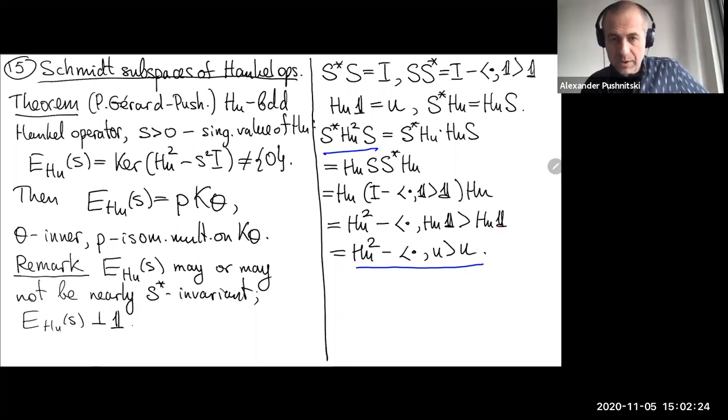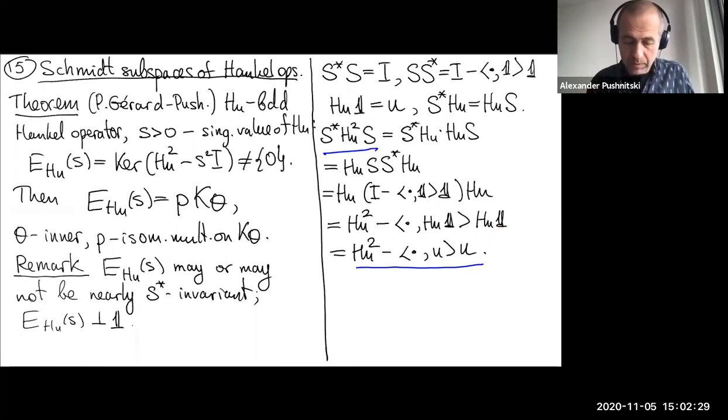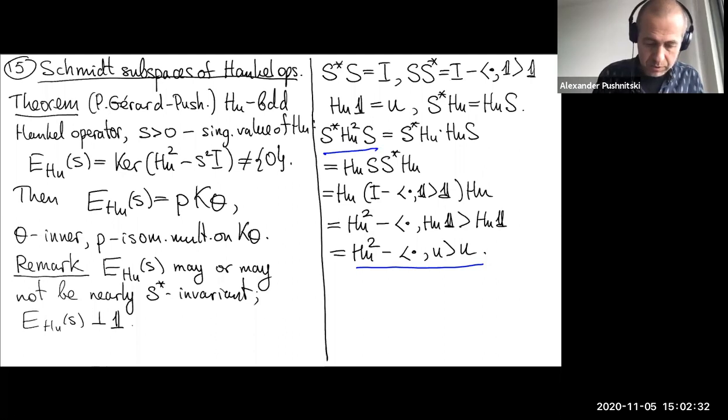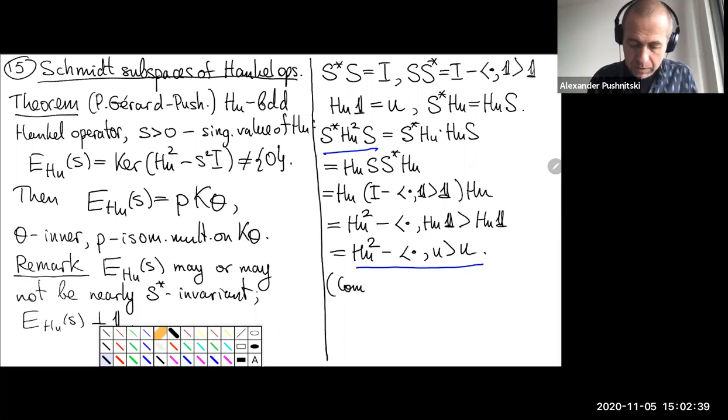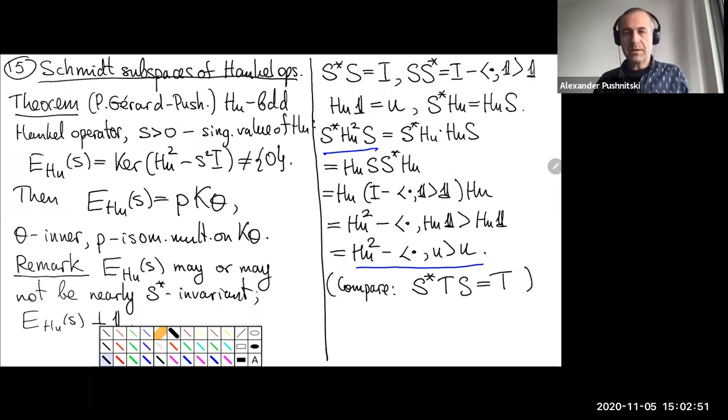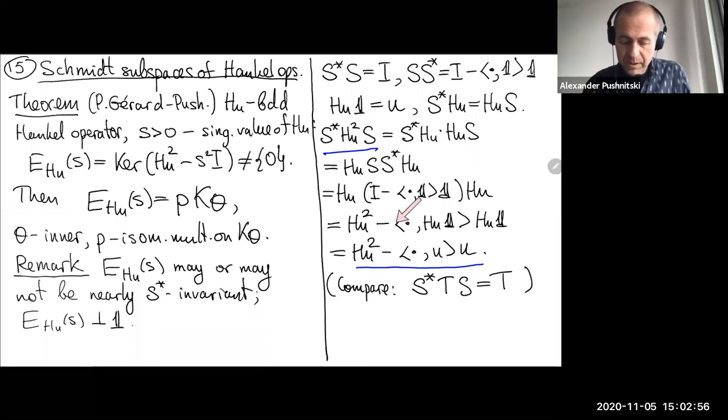Okay, so now using this identity, I want to do something else. Oh yeah, and by the way, a very important insight. So compare this with the identity for Toeplitz operators. Okay, so you see that the square of this Hankel operator behaves a bit like a Toeplitz operator up to rank 1.